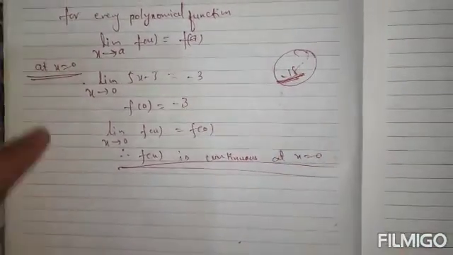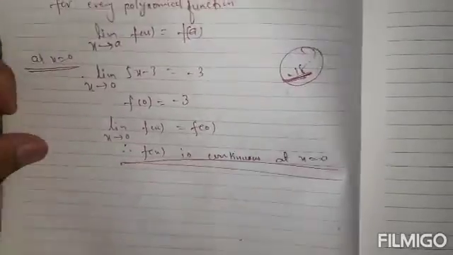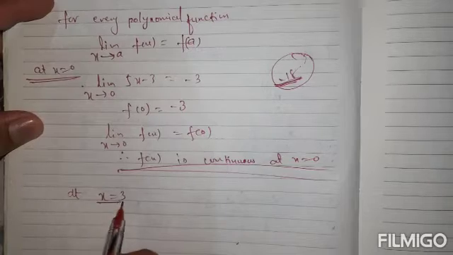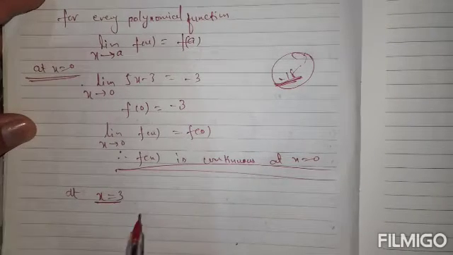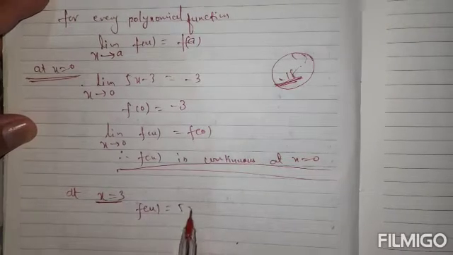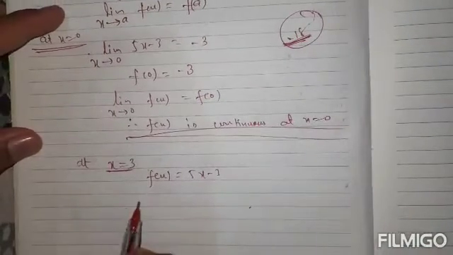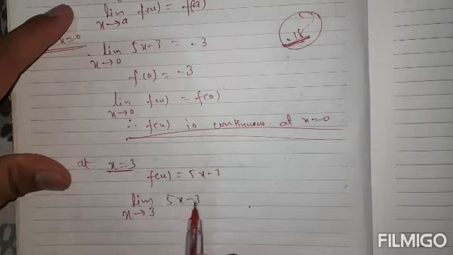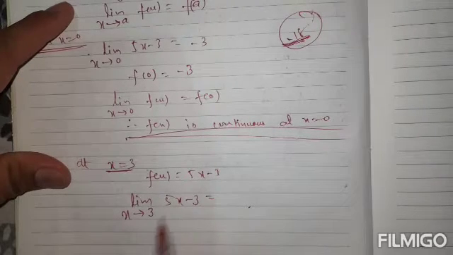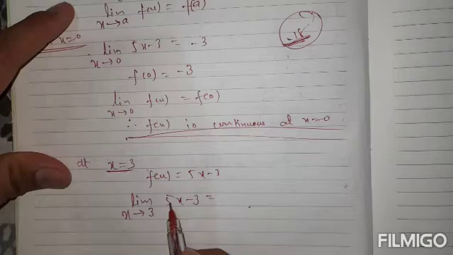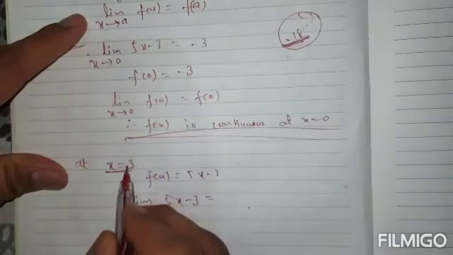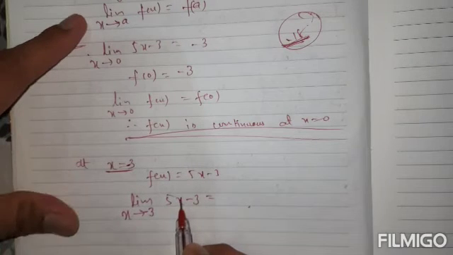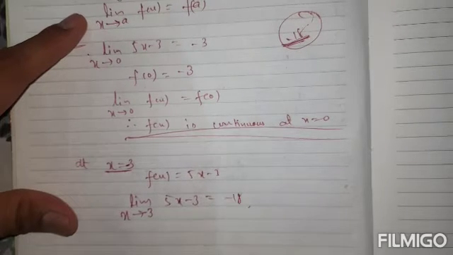Now suppose we have to check the continuity at x equal to minus 3. The function is the same, f(x) is 5x minus 3. For finding the limit as x tends to minus 3, since this is a polynomial, apply the limit directly. This becomes 5 into minus 3, minus 15, minus 3, that is minus 18.